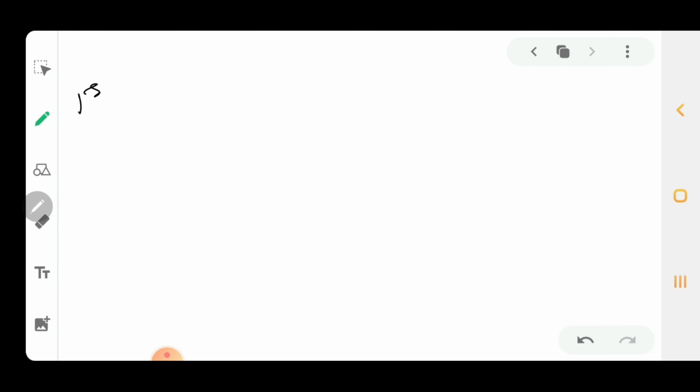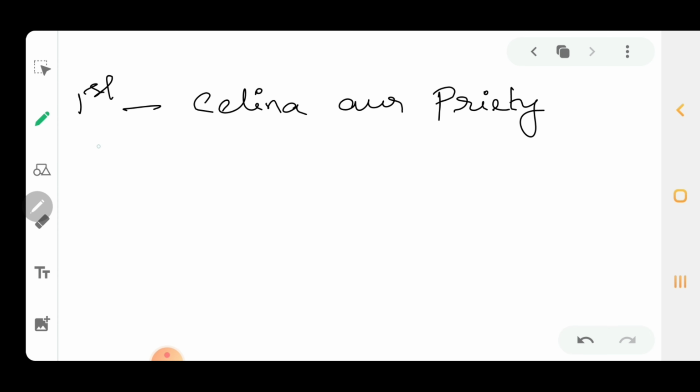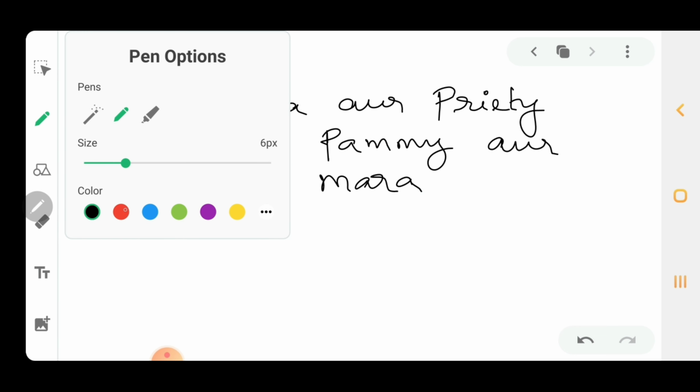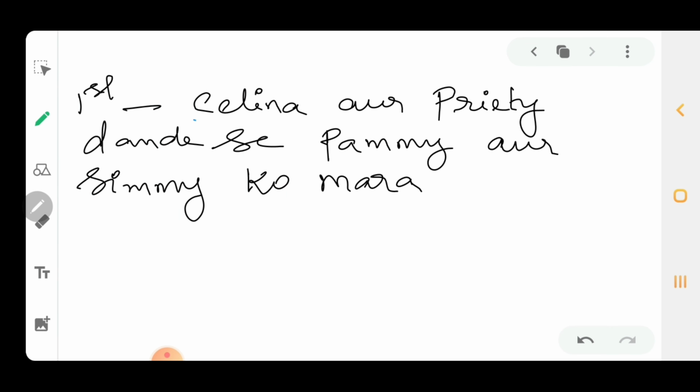The first part of the mnemonic is: Selena her pretty dandesi, Pami or Simikomara. Let's decode this and understand what it is.